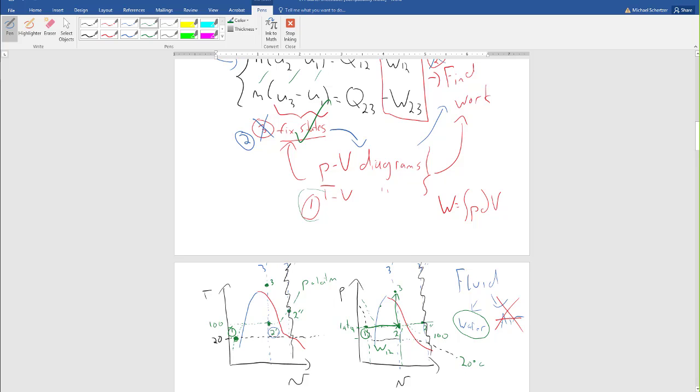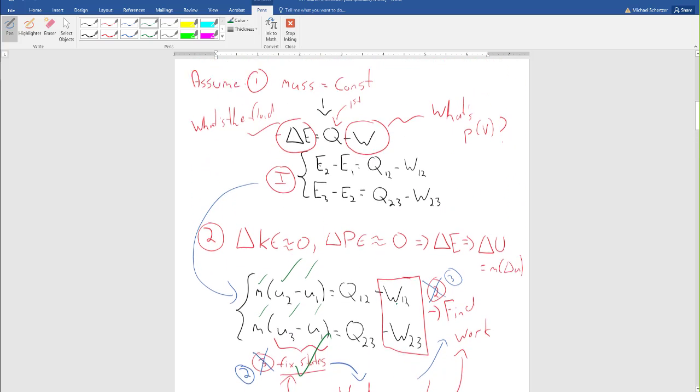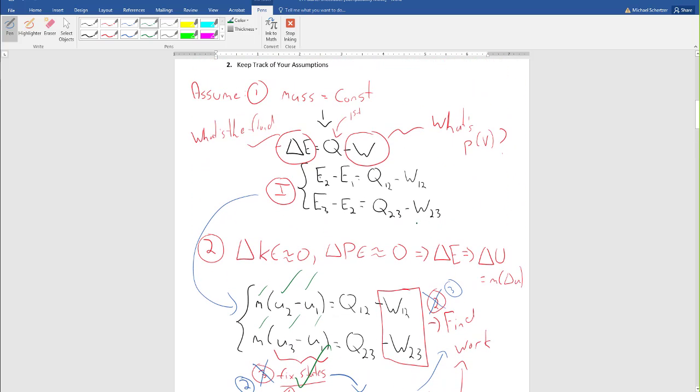And the work from 2 to 3, because the volume is constant, the area under this vertical line, if we pretend that I drew this line vertical, is going to be 0. There is no area under a vertical line. So if the volume doesn't change in a closed system, then the work is 0. So this work is 0, and this work is going to be the integral of P dV from V1 to V2.